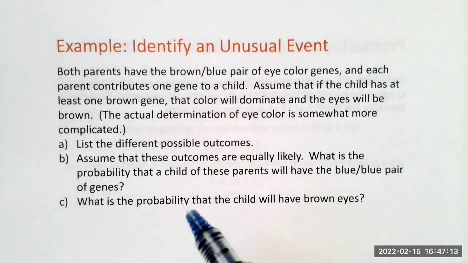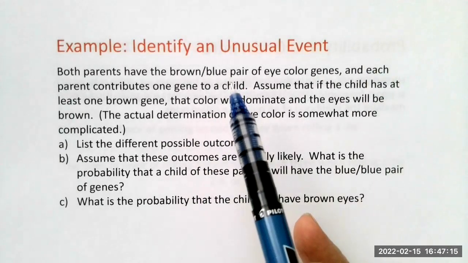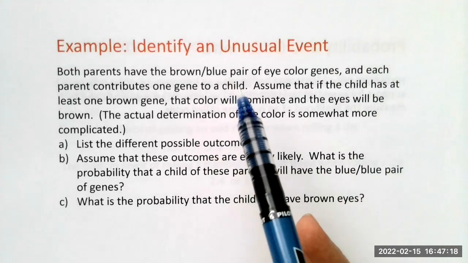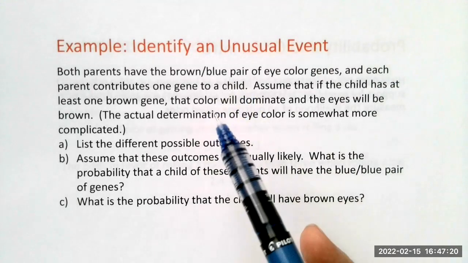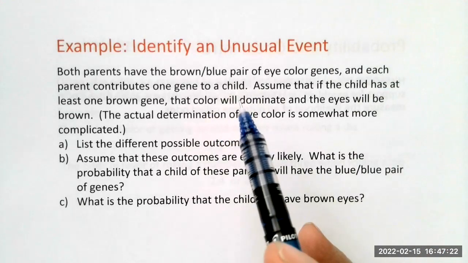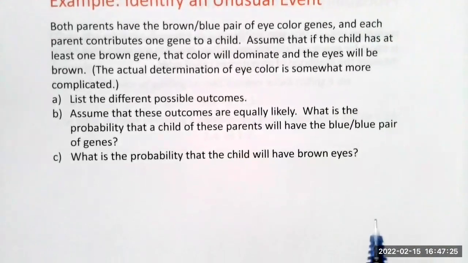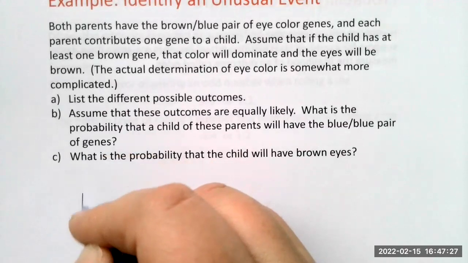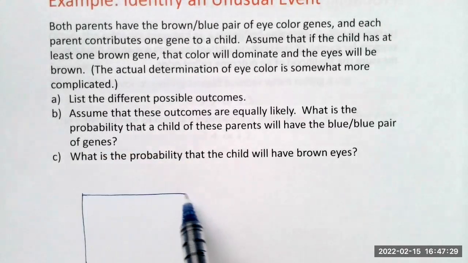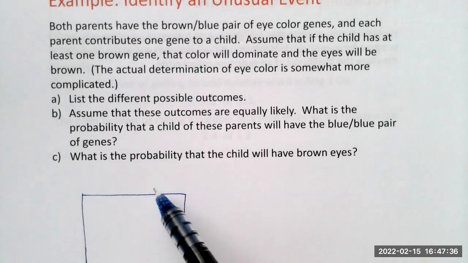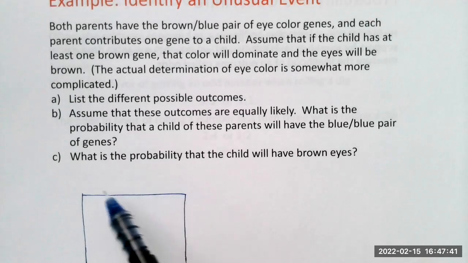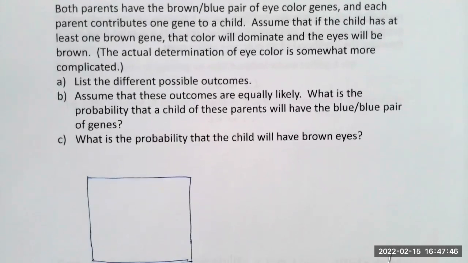We were told that basically we have two variables here, right? One gene comes from the mother and one gene comes from the father. So we have two variables, and usually when we have two variables, we organize that information in a two-way table, where on one side we're going to list one variable, and on the other side we're going to list another variable.